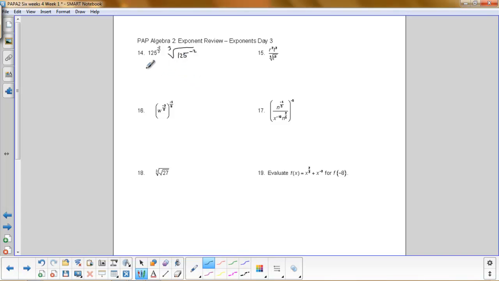And we'll move this to the denominator of the fraction, so that's 1 over 125 squared. And that's going to be 1 over 25.